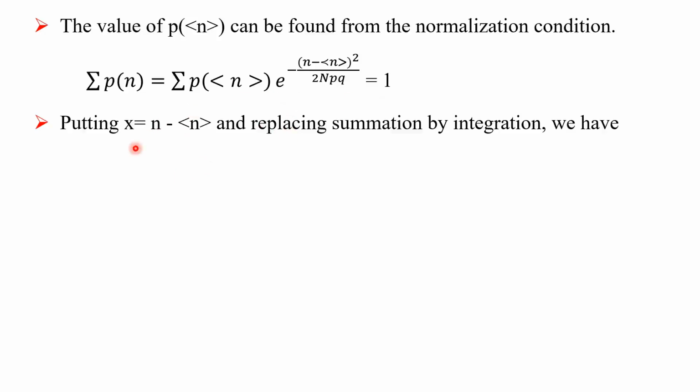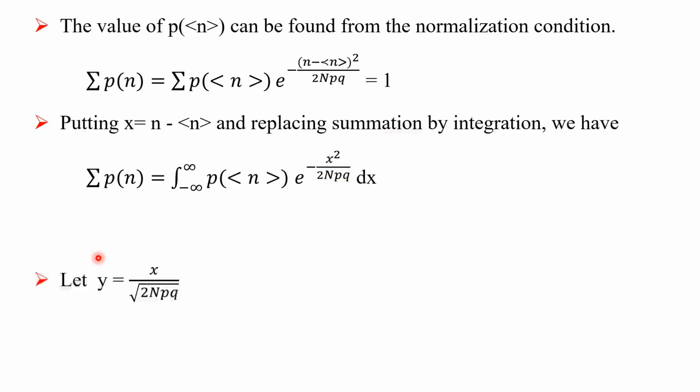We put x equal to n minus mean value n, and replacing summation by integration we have the summation over Pn equal to the integration from minus infinity to plus infinity of P(mean value n) e raised to minus x square upon 2NPQ dx. Now let y be equal to x upon root 2NPQ.